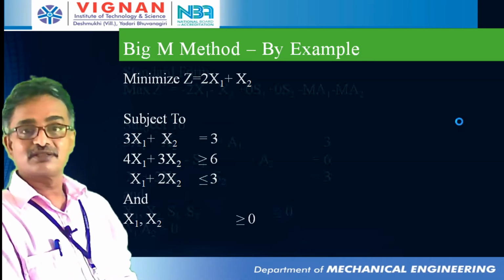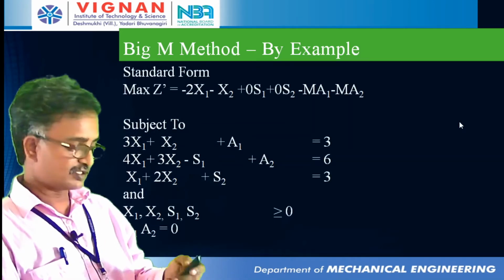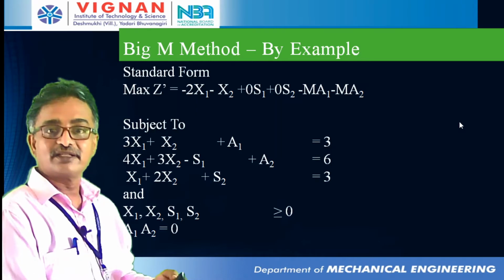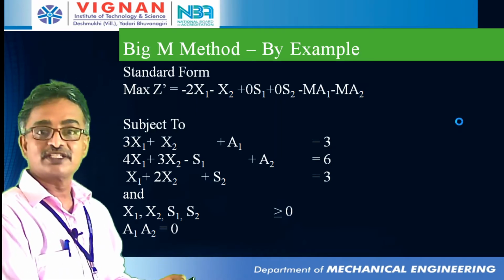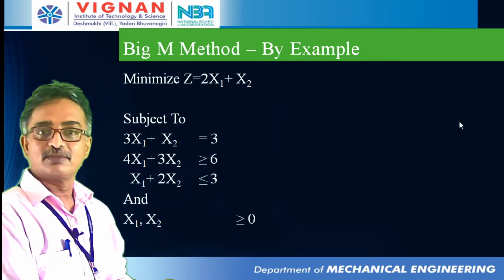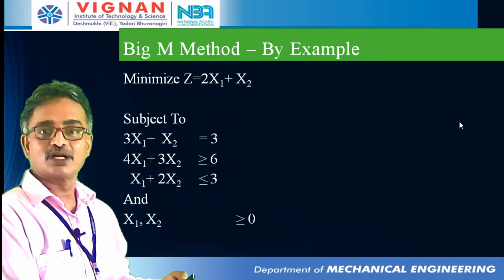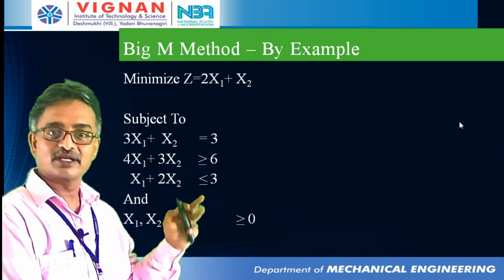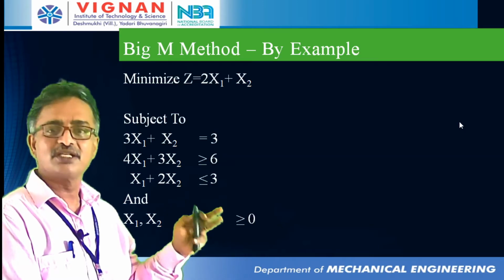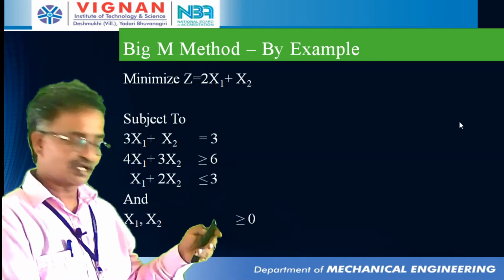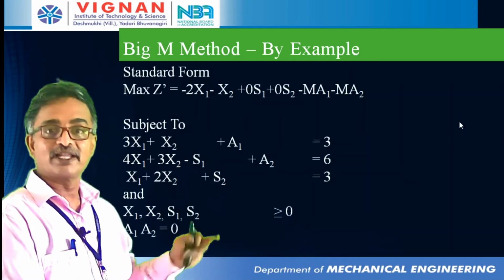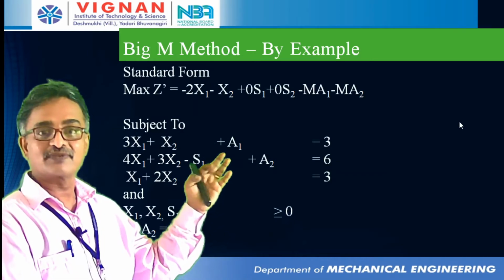The first constraint is 3x1 plus x2 equal to 3, but there is a possibility that x1 and x2 can be 0. Under that scenario, this particular constraint becomes 0 equal to 3, which is meaningless. So to accommodate that scenario, we place a1, an artificial variable, into the formulation.